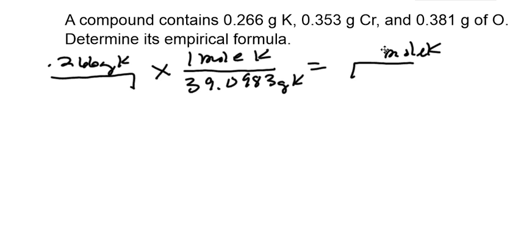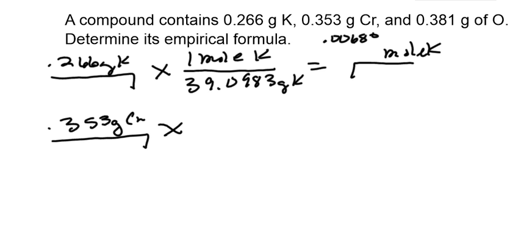That is going to be 0.00680. Let's do likewise with our chromium, 0.353 grams of chromium. We'll times that by 1 mole of chromium.